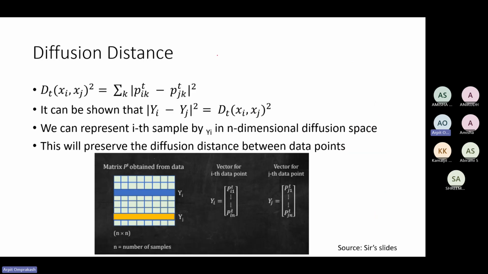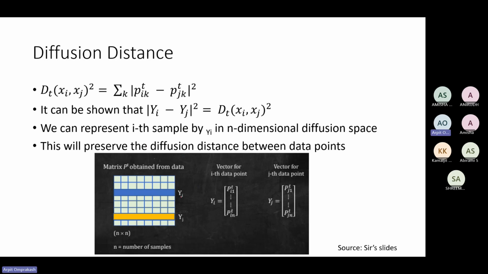P^t is basically that P matrix raised to the power t, so the P matrix multiplied by itself t times, right? So this is the P^t matrix, and each of these rows is basically a different sample.